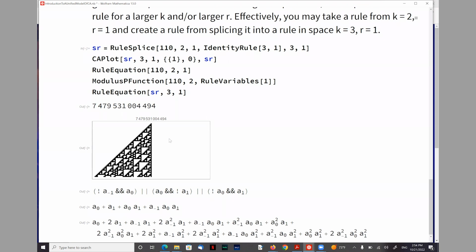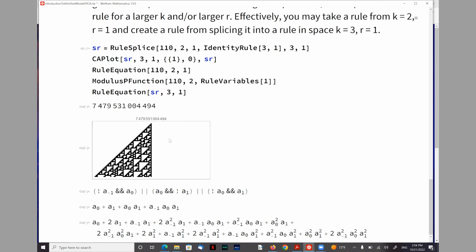As you can see, it looks just like what it is. It's 110, but realized in a bigger space. And of course, the other part in this other rule is inert. It's not doing anything. So this is a splicing of genes from one space into another space.